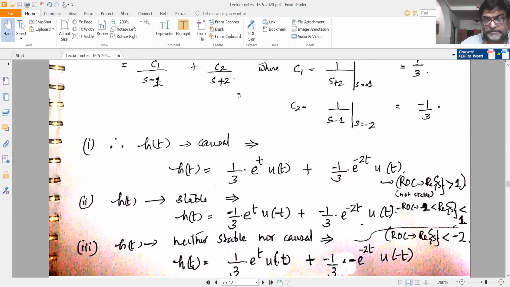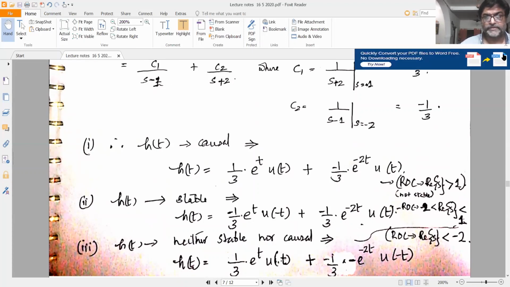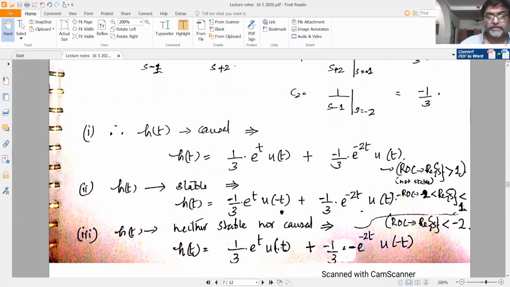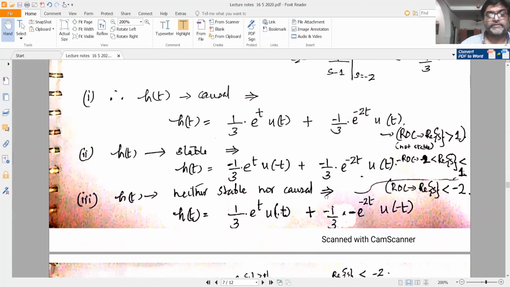The region of convergence starts from minus 2 and grows up to minus infinity. So from minus infinity to minus 2 for this, and from 1 to infinity for this, which means the j omega axis is totally missed out in the region of convergence. Is that clear? So that is the third case.